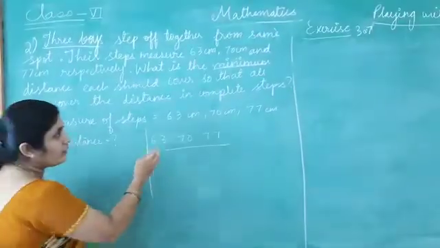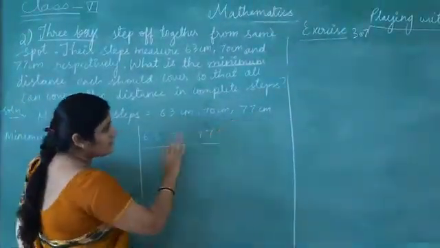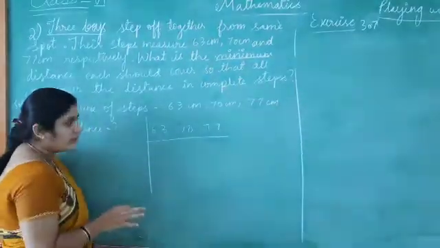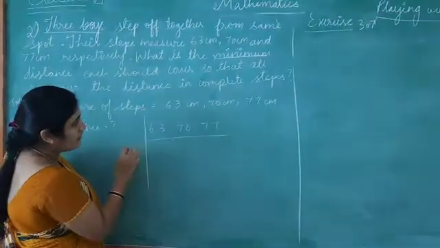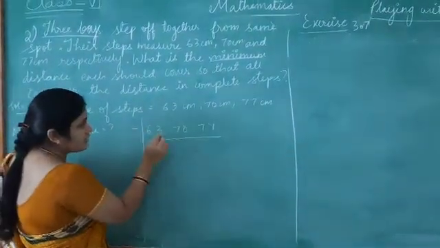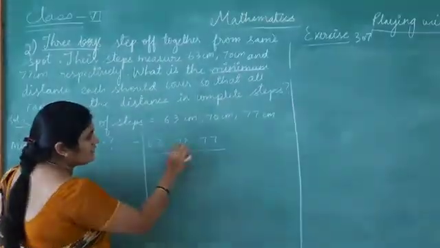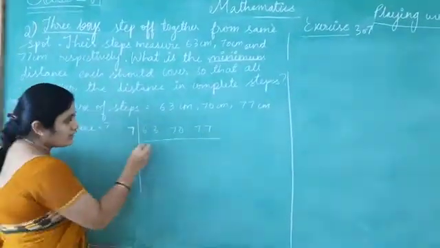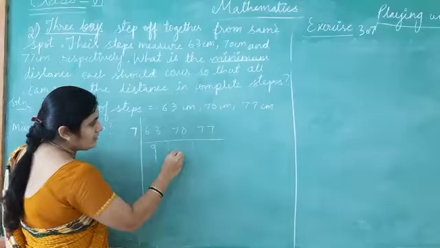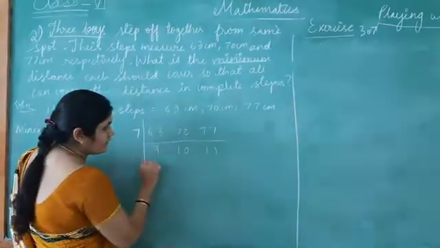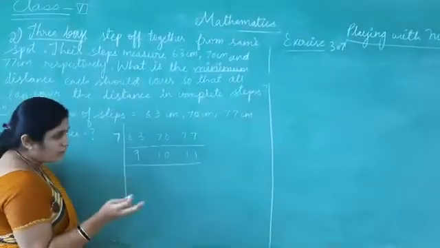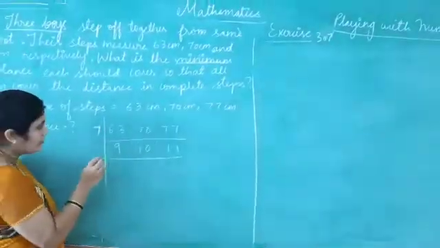Now let me consider the numbers 63, 70 and 77 together here, and you can divide these using prime numbers. As you can see here, these are odd numbers and 70 is an even number, even though you can take 7. 7 9s are 63, 7 10s are 70, 7 11s are 77. Now go for the number which can divide all the 3 or any 2 or any 1.